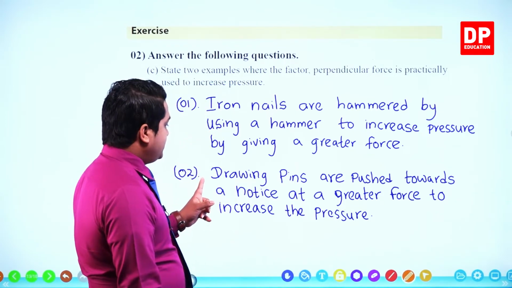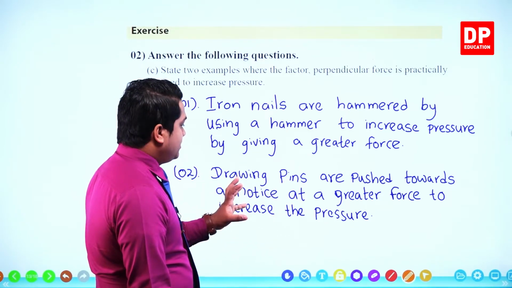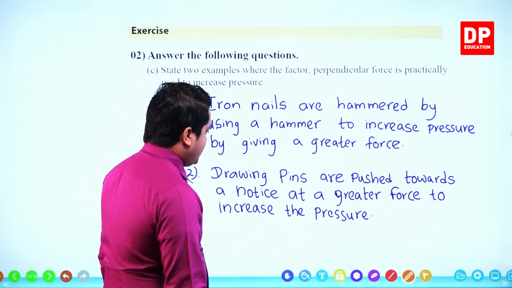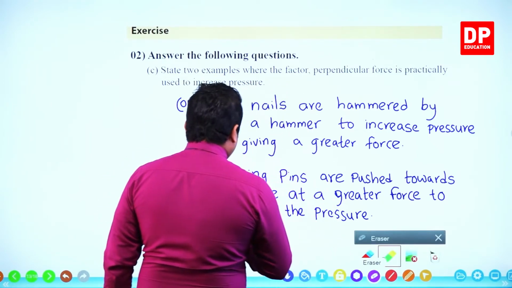Then in the second case, drawing pins are pushed towards a notice board. It should be a notice board, right? Yes.